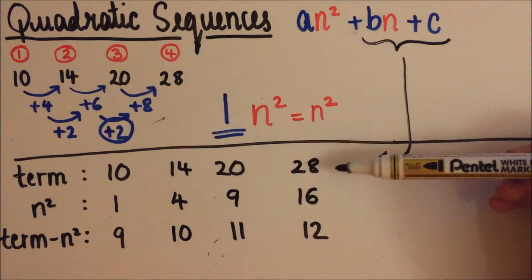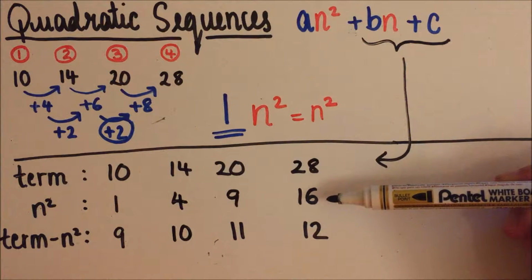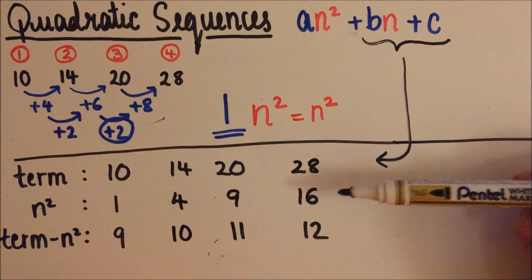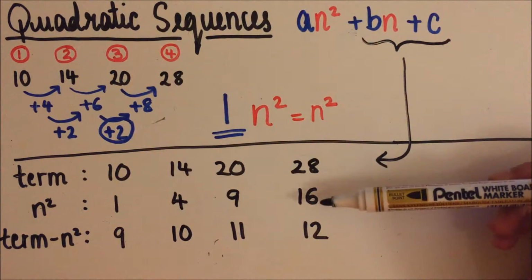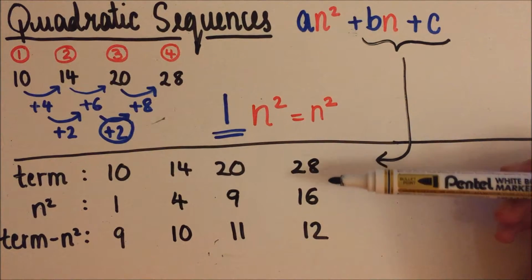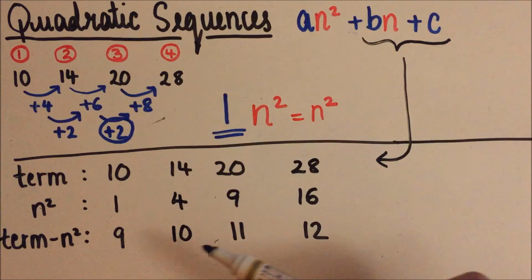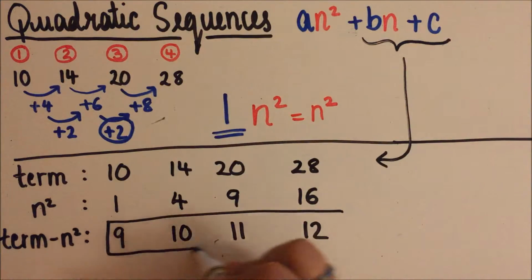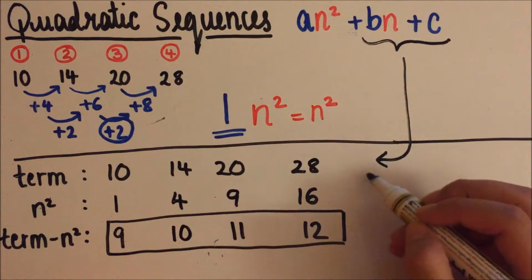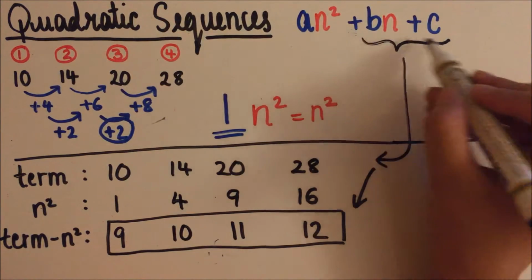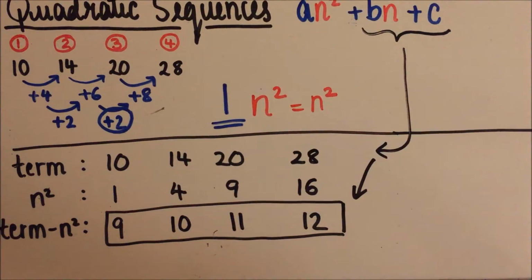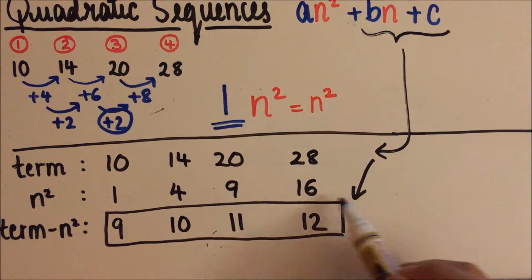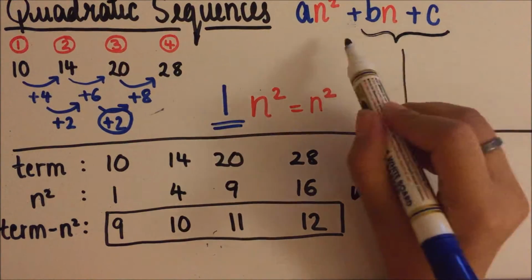So write down the terms again, and underneath it write down what the n squared values are, and then just take the n squared away from the term. So in this case we get 9, 10, 11, and 12, and it's this that will help you find out your bn plus c. So this becomes your sort of new sequence to find out bn plus c.